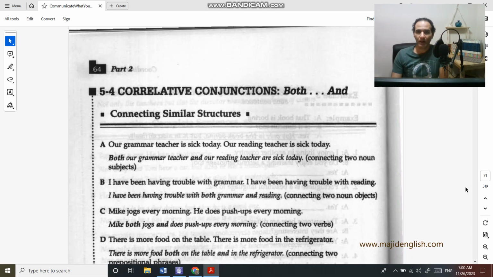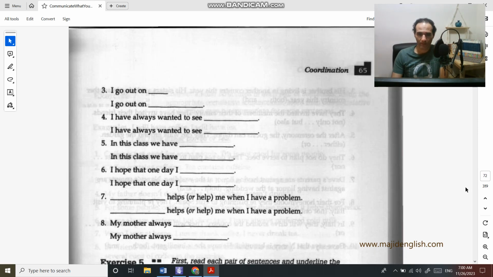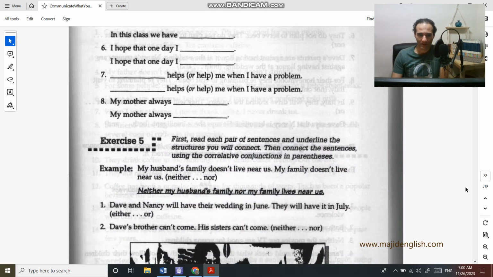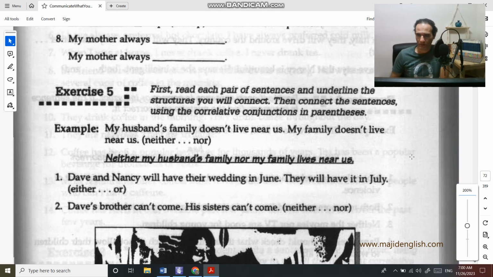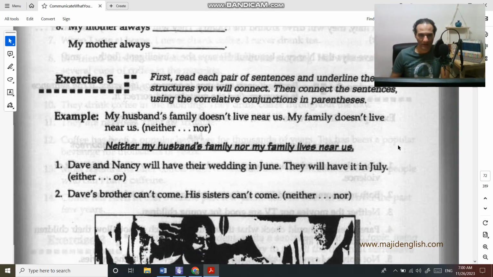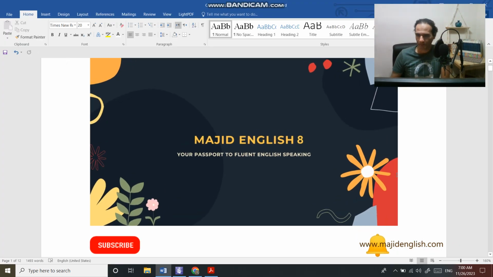For each of them I provided lots of examples and explanations, so I'm sure if you have watched all of them you are independent in using them. But here on page 65, exercise 5, we have some other examples to cover all of these structures together. So exercise 5, page 65 of the book.